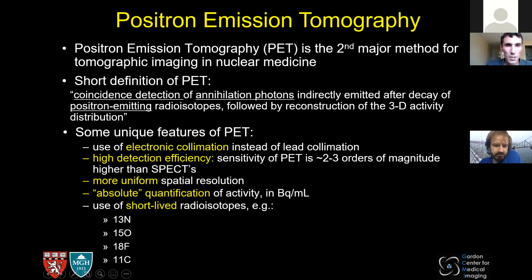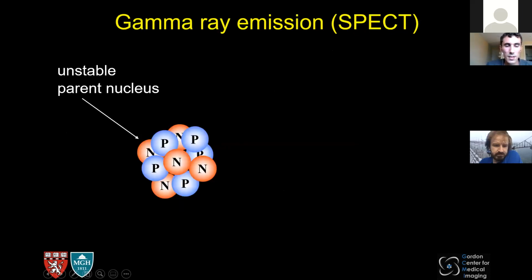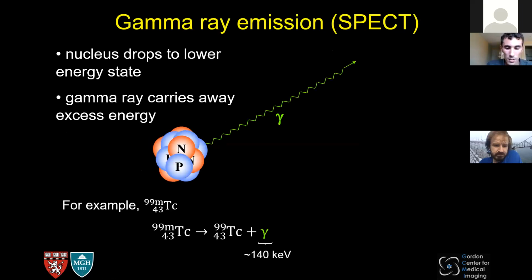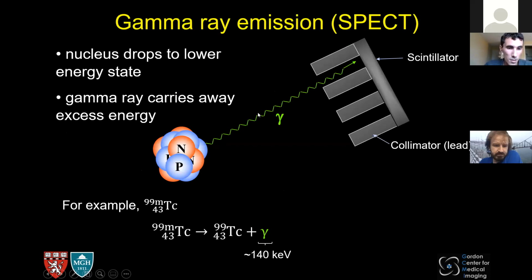Before talking about PET in more detail, let's quickly recap how SPECT works. As you may remember, in SPECT, of course, you have to administer radioactive molecules to the patient, and during decay of those radionuclides, a gamma photon would be emitted, okay? For instance, for technetium-99m, the gamma photon emitted has an energy of about 140 keV.